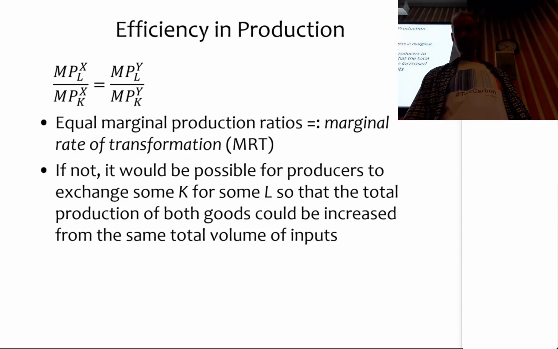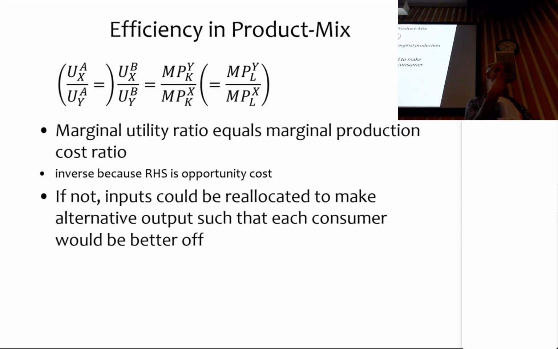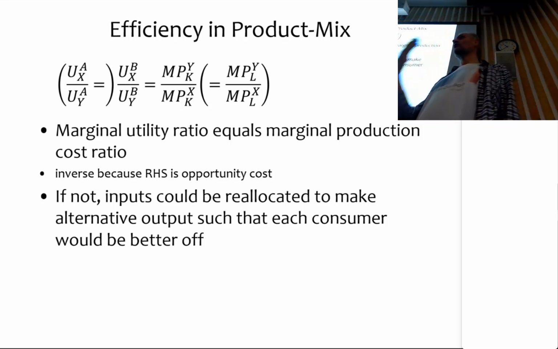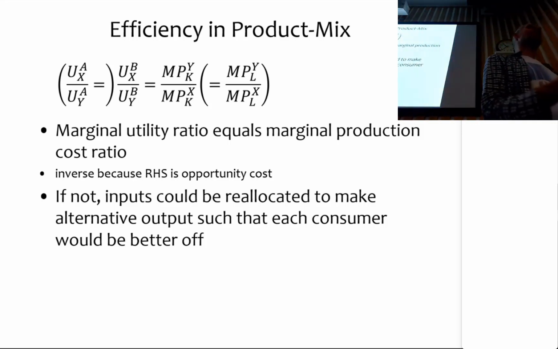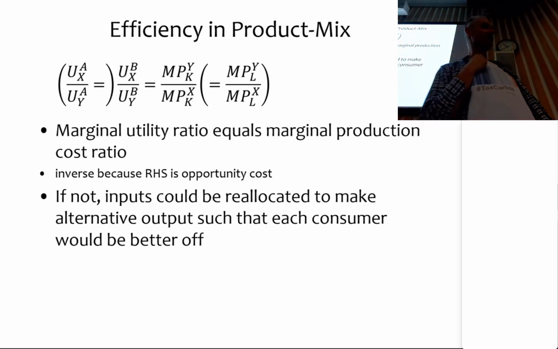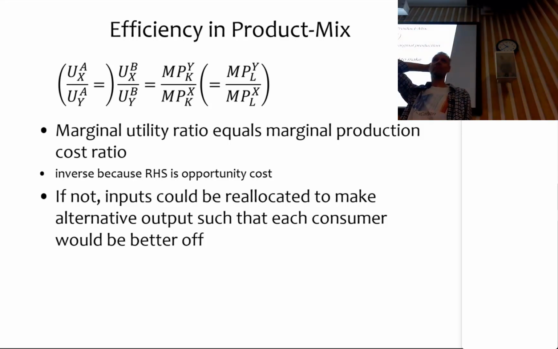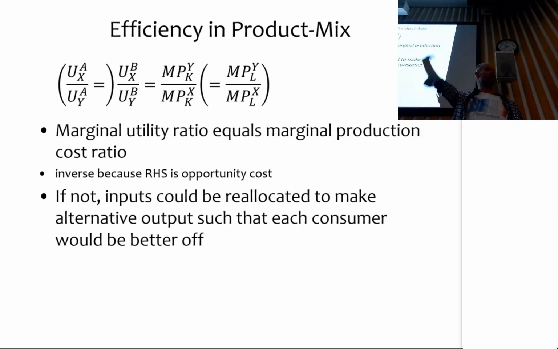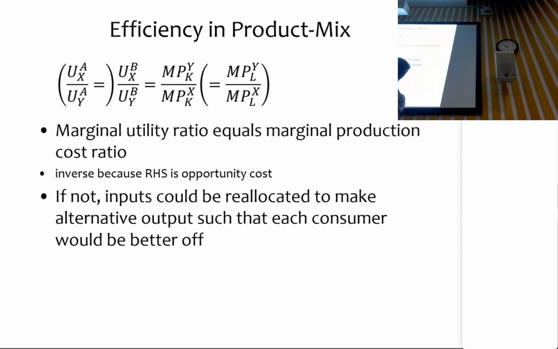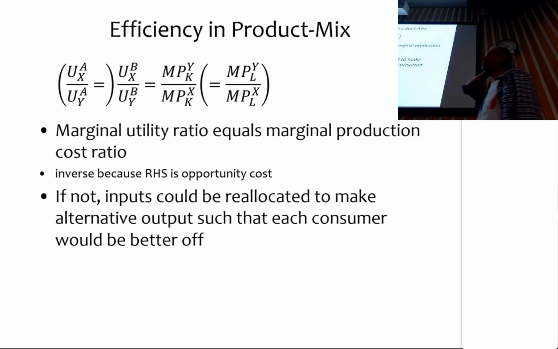And then we have the third component of efficiency, sometimes called X efficiency, sometimes called cross efficiency, sometimes called allocative efficiency. It's here called efficiency in the product mix. Those are all the same thing. And essentially what that says is that the ratio of marginal utilities, here of person B, but of course that's the same as the ratio for person A because of efficiency in consumption, should equal the inverse of the marginal production.